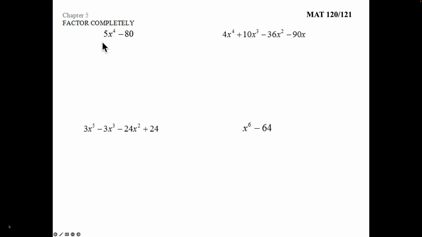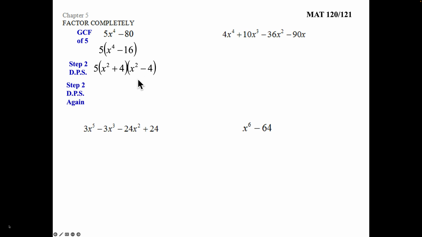All right, factor completely. Here we go. 5x to the fourth minus 80. We take out the GCF of 5. There it is. 2 terms left over. We go to step 2. Difference of perfect squares. Okay. X squared plus 4, x squared minus 4. Whoops. Wait a minute. That's another difference of perfect squares.